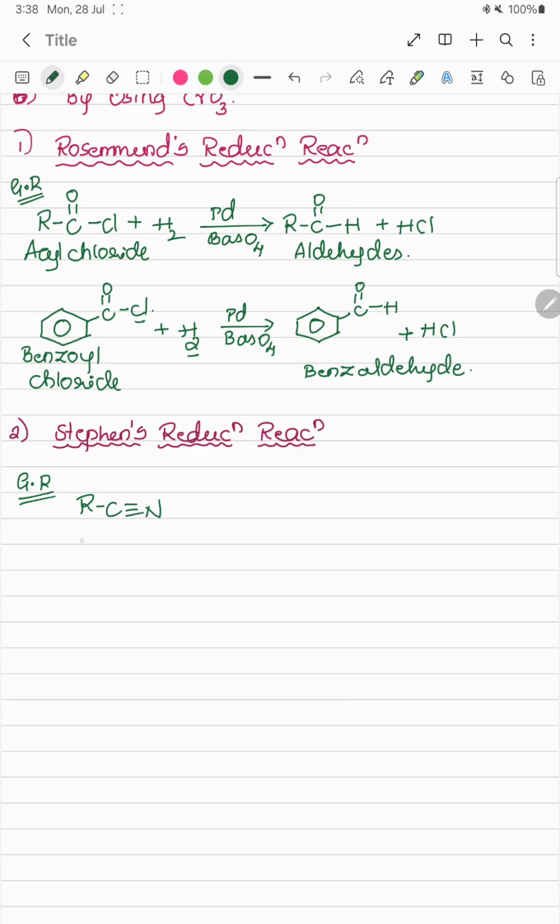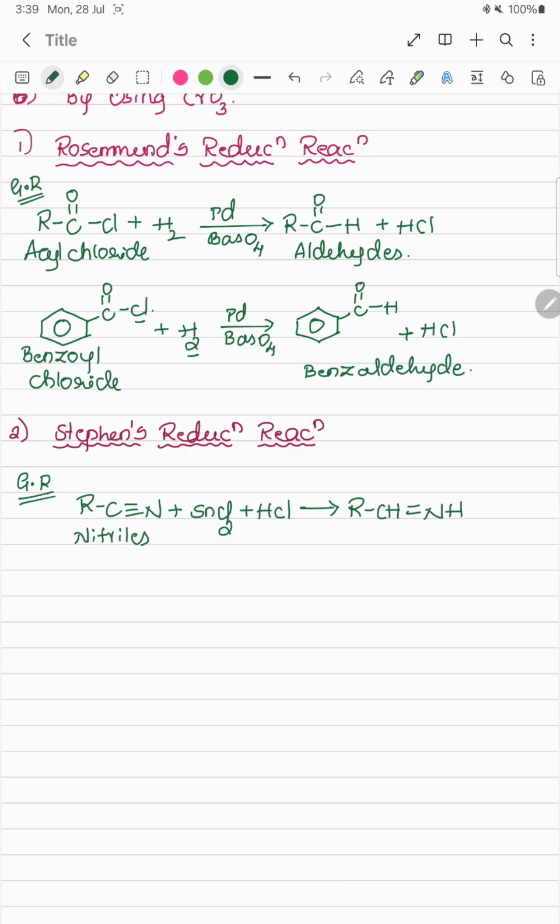I'm extremely sorry, we take cyanides or nitriles. Carbon nitrogen triple bond compounds are called nitriles. It is reduced by using stannous chloride in presence of HCl, that is SnCl2 and HCl. You have to convert the triple bond into double bond. Add one hydrogen on either side, and you will be getting RCH double bond NH.